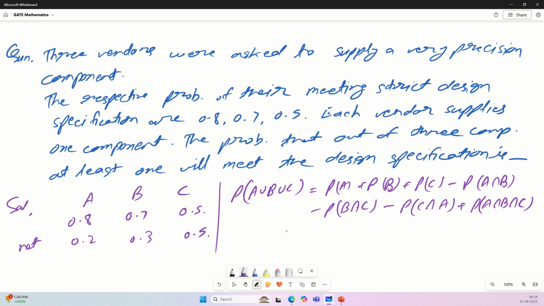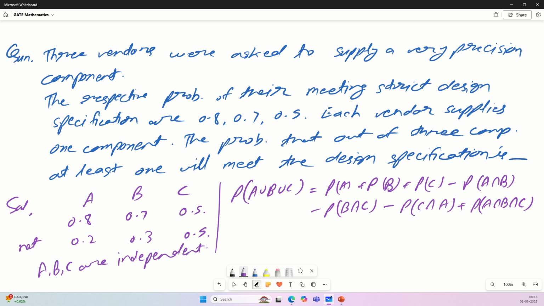Now, as you know that these three vendors A, B, C are independent, right? They are not related to each other. If A is making correct, B can make correct or not correct doesn't depend on A, right? So you can say that A, B, C are independent.